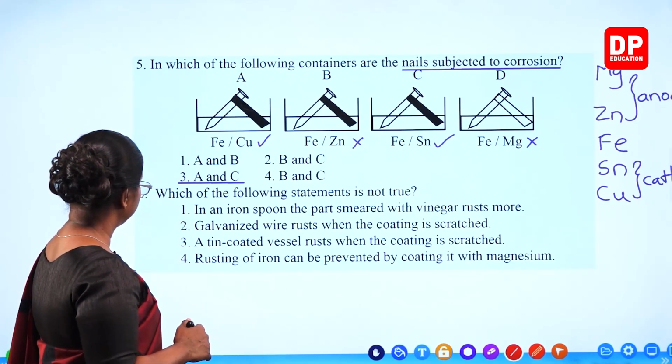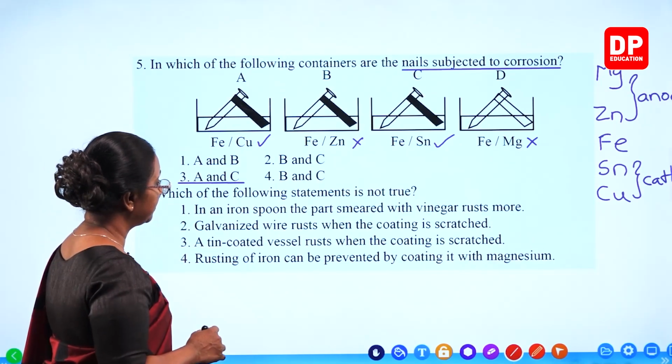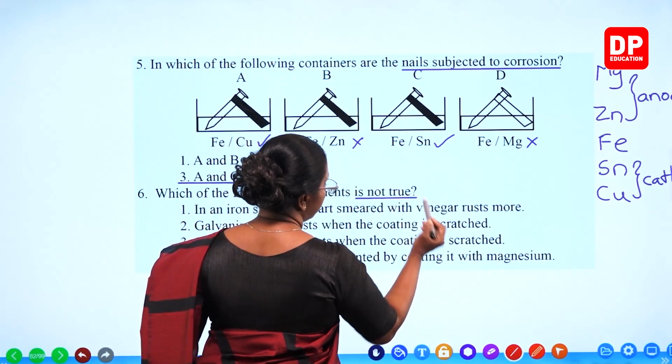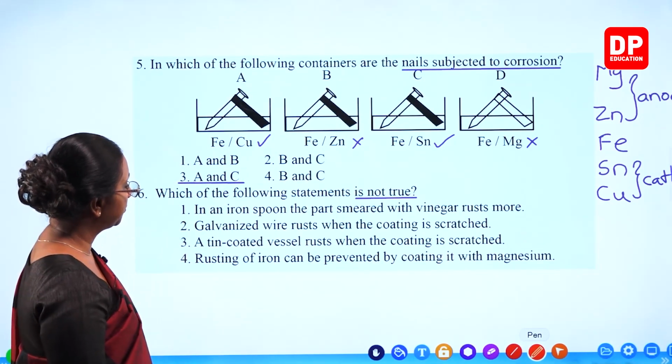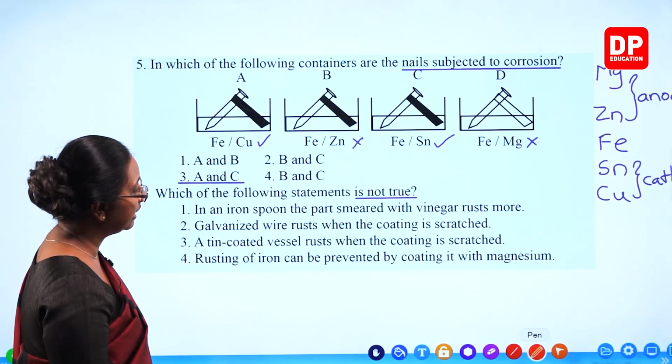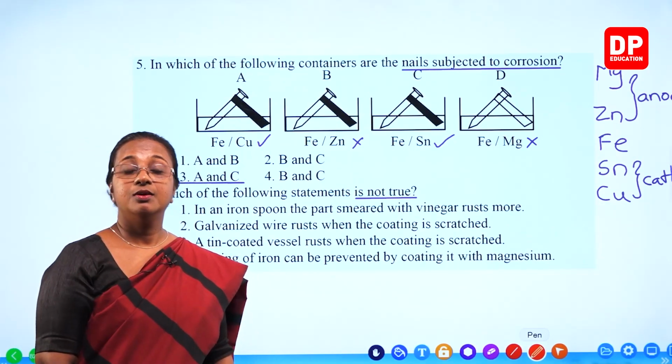So, the sixth question. Which of the following statements is not true? You have to look at that carefully. Not true. In an iron spoon, the part smeared with vinegar rusts more. Yes. Why?